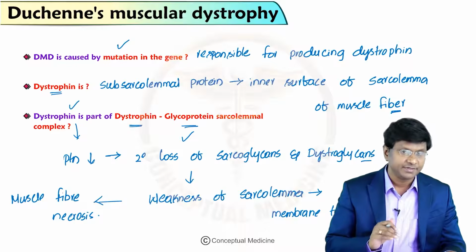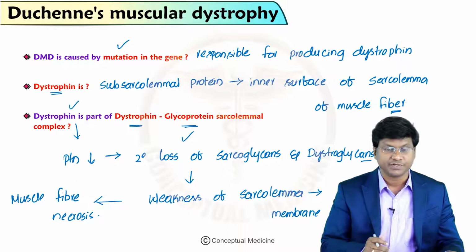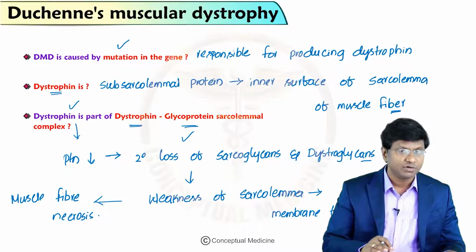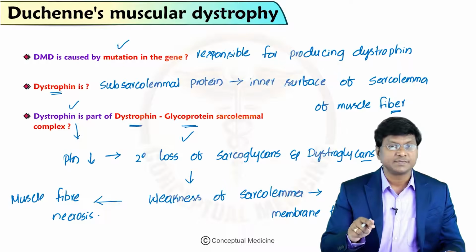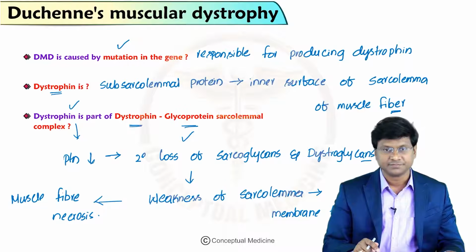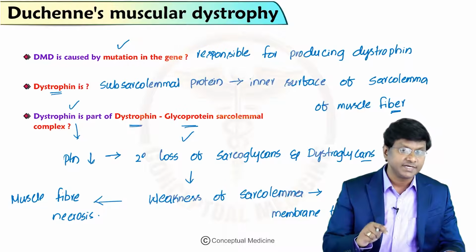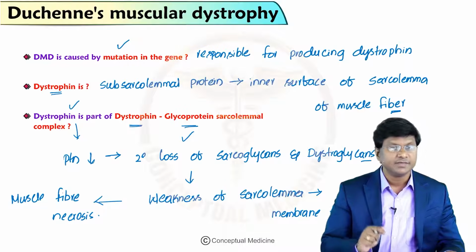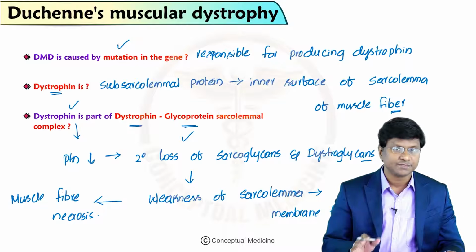That is what will happen in these patients with Duchenne muscular dystrophy. So everything is mainly because of mutation in the gene responsible for the production of a protein called dystrophin, which is a subsarcolemmal protein localized on the inner surface of the sarcolemma, and due to which there is tearing within the muscle membrane and muscle fiber necrosis, right?